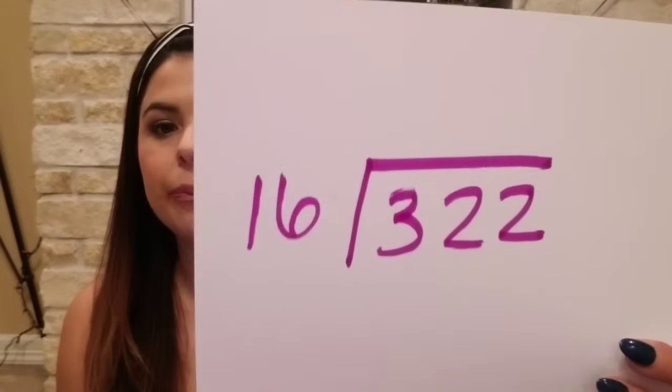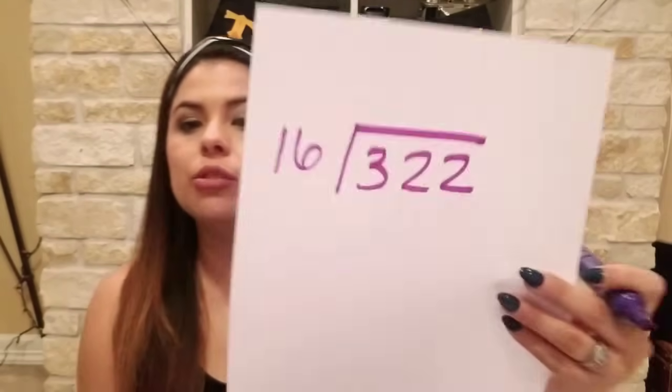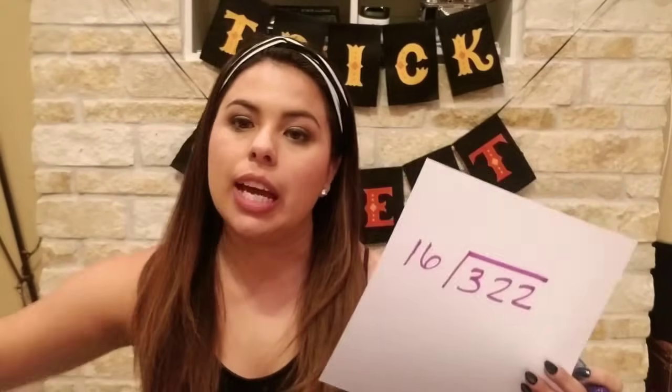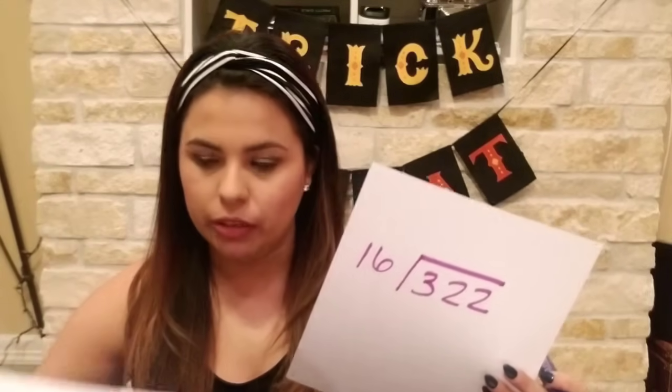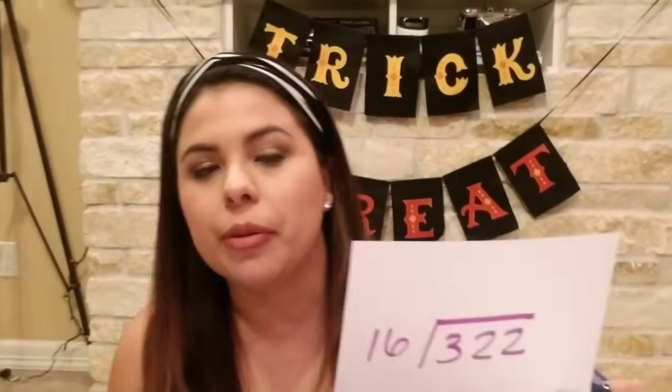Just like that. Again, you do not have to do this step. This is simply for me, so that I'm not showing you a teeny tiny little baby journal over here.